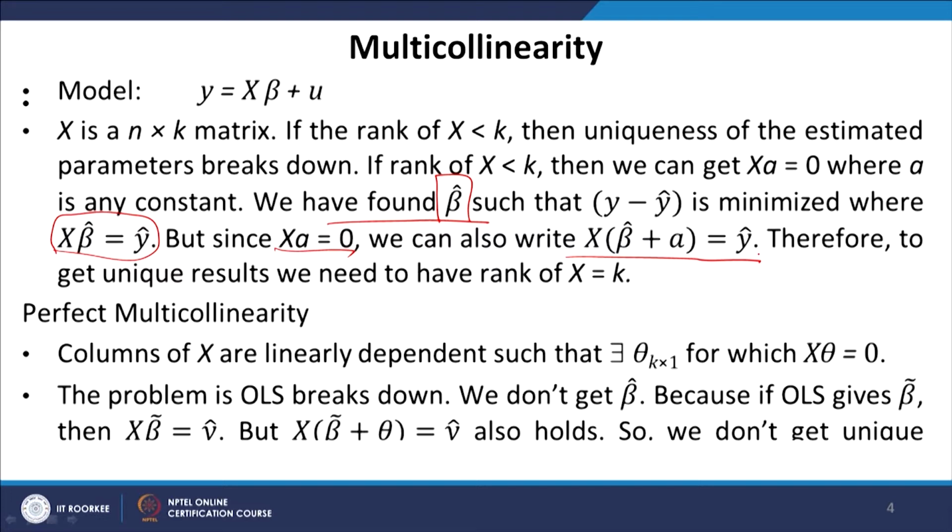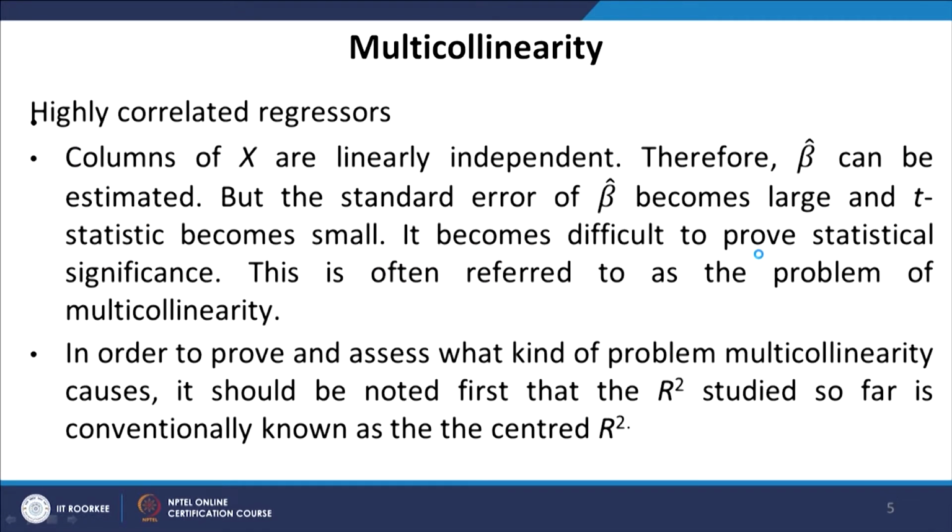Most of the statistical packages actually do not even provide results if there is perfect multicollinearity. So, this is a problem which is actually taken care of by today's statistical packages which are used to estimate multiple regression models. But the problem is actually of concern when we have simple multicollinearity.